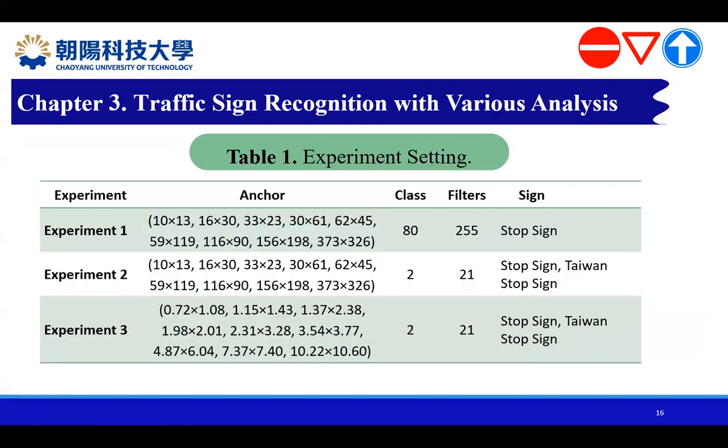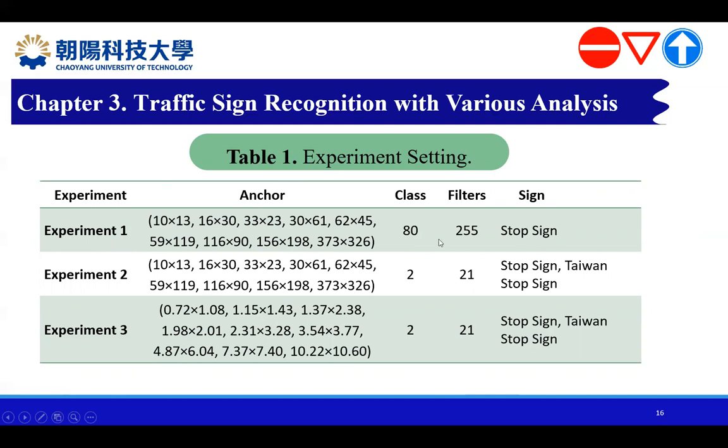We also define our experiment setting as 3 experiments, experiment 1, 2, and 3. And the difference between each experiment is the anchor calculation. In experiment 1 and 2, we use the original anchor setting from the COCO dataset.